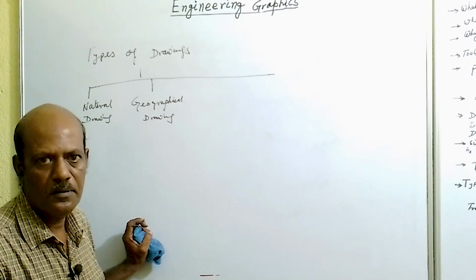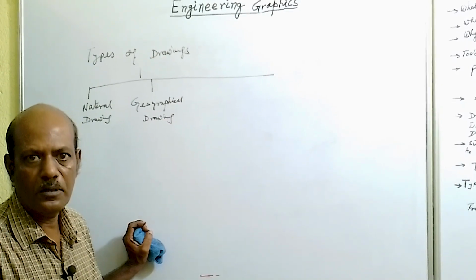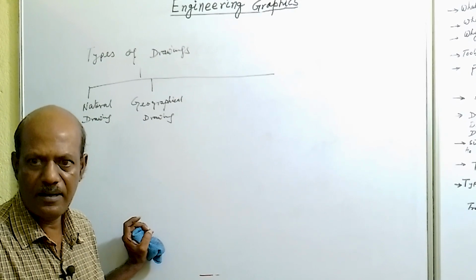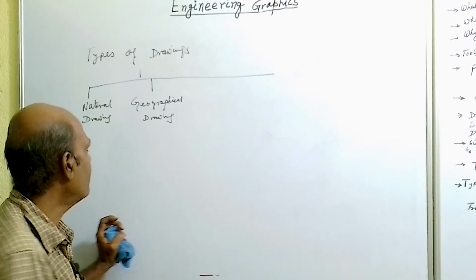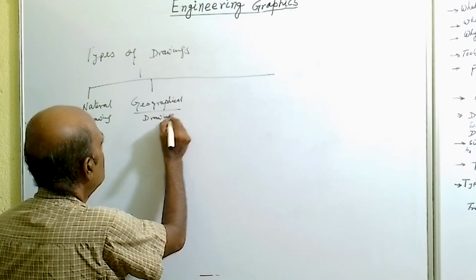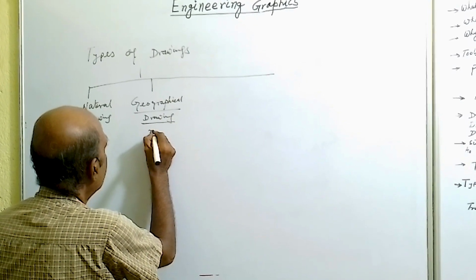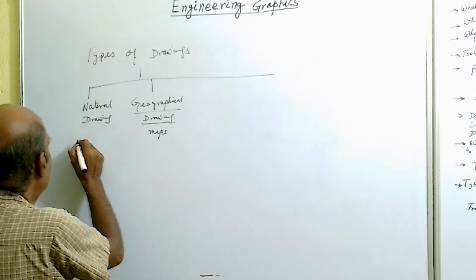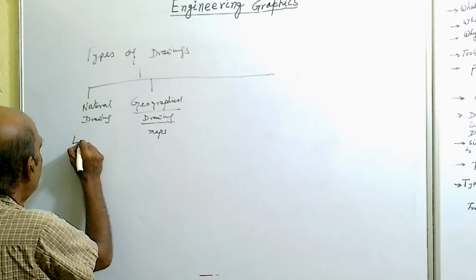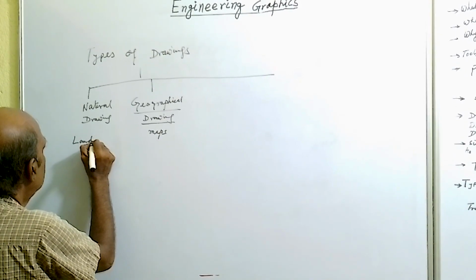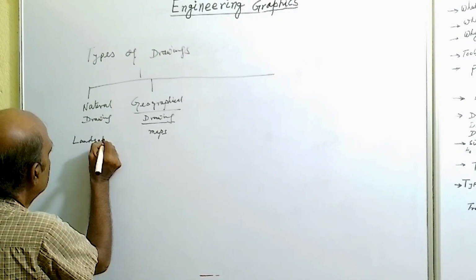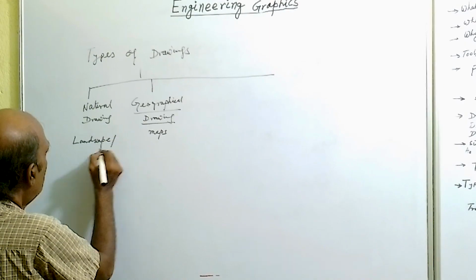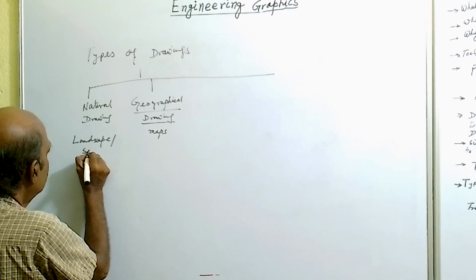So in this, for example, the drawing of map or drawing of particular area is coming under this geographical drawing. So that is maps. And in first one, the drawing of landscape or any scenery.